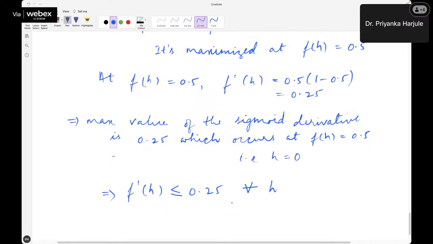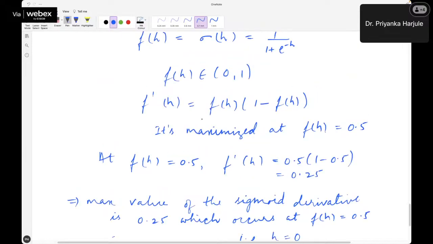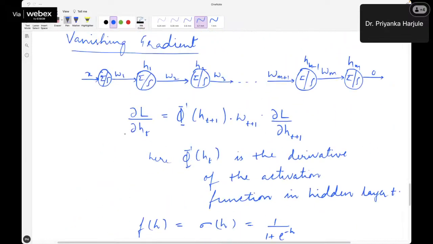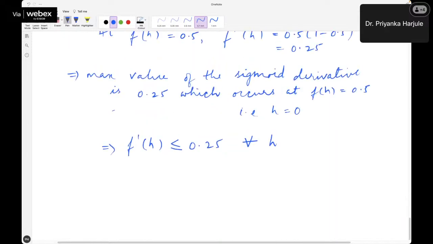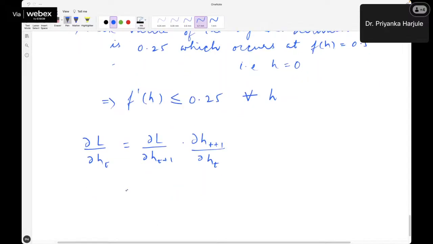Now when we track the gradient and look at this chain rule again with this fact, we see del L upon del Ht is equal to del L upon del Ht plus 1 times del Ht plus 1 upon del Ht.